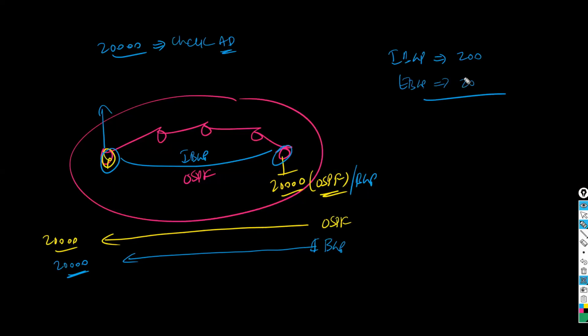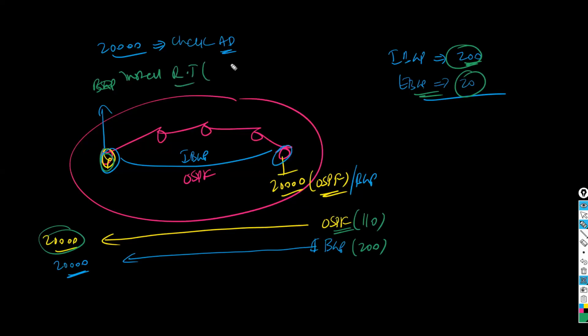That's the reason you will have a better AD value here, but internally you will have 200, because internally you always prefer OSPF or EIGRP. If you compare the AD values, which is better? 20 via OSPF is better, which means this router, even though the route is learned through BGP, installs in the routing table based on OSPF. And we call this a RIB failure.